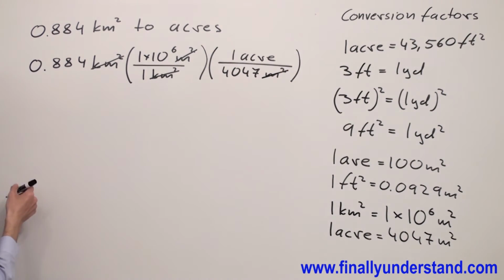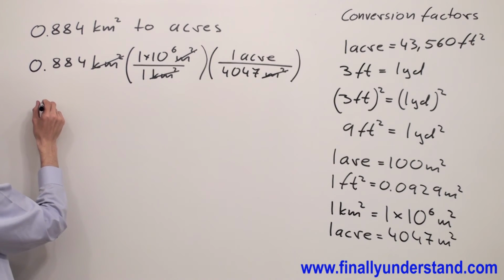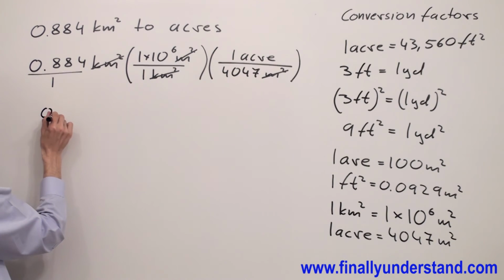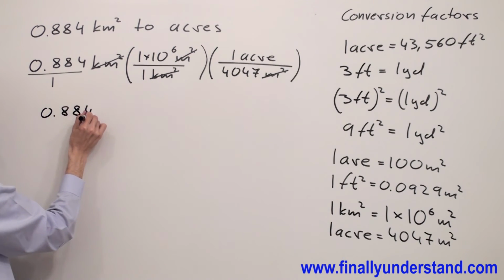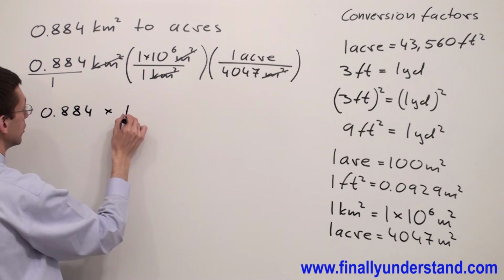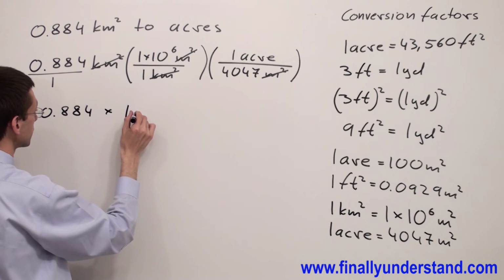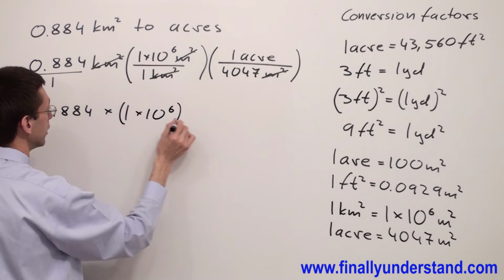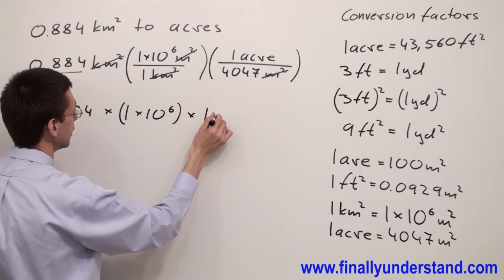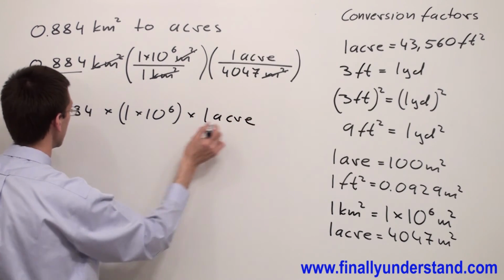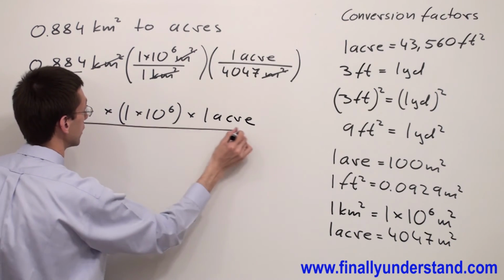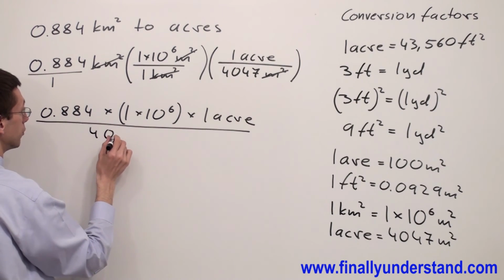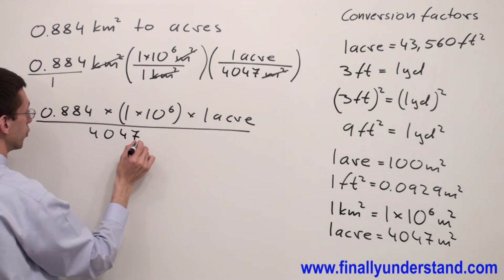Next, we're supposed to perform the multiplication and division. Keep in mind, this could be an improper fraction. You are going to have 0.884 times 1 times 10 to the 6th times 1 acre over 4047.